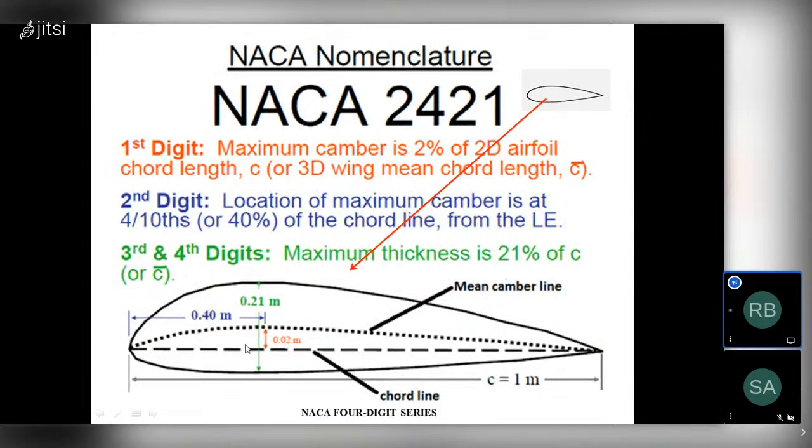So from the leading edge, the location of your camber is 40%, that is 0.40 meter. Suppose the overall length of your aerofoil from leading edge to trailing edge, that is the chord length, is 1 meter. Then from that 1 meter, 0.4 meter from the leading edge.